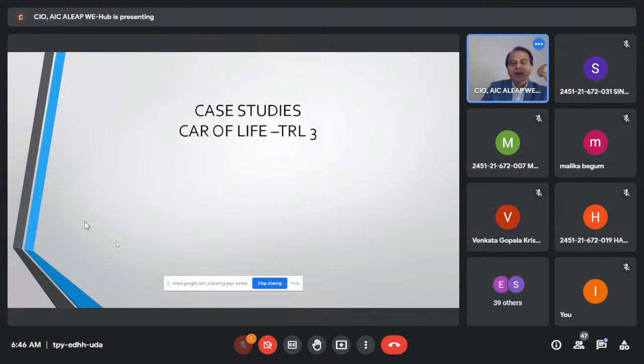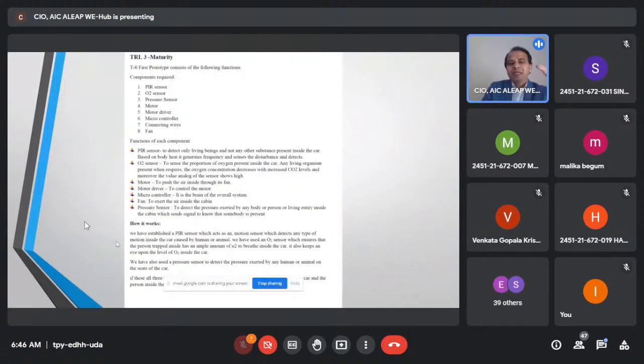Let us see one example of how TRL can be defined. Suppose I start at TRL 3 stage with a product that has a PIR sensor, oxygen sensor, motors, pressure sensor and other microcontrollers.